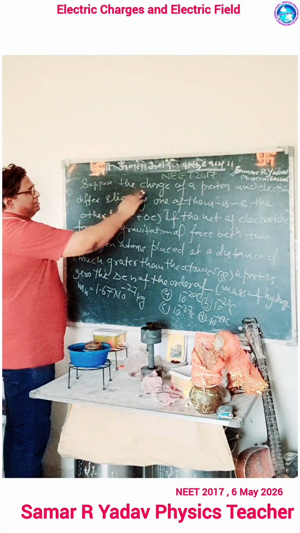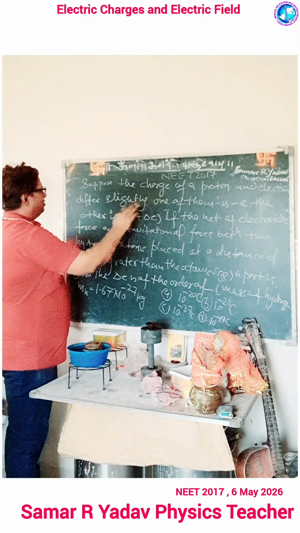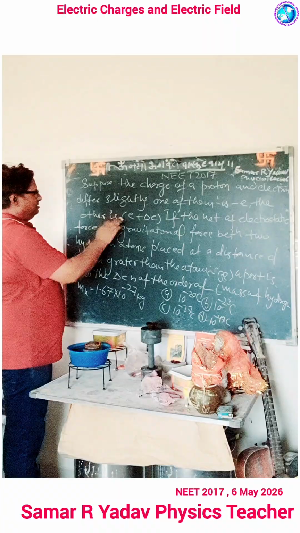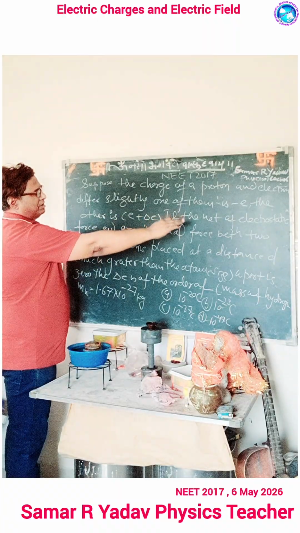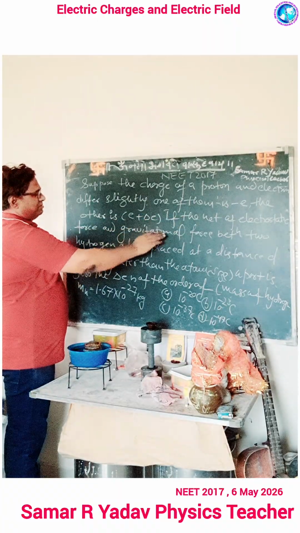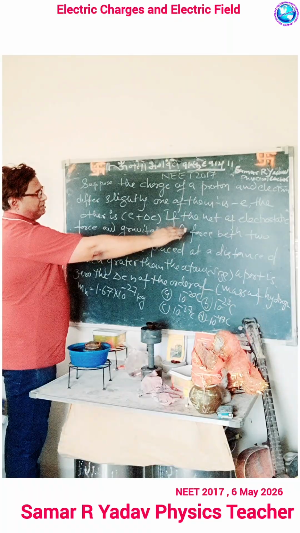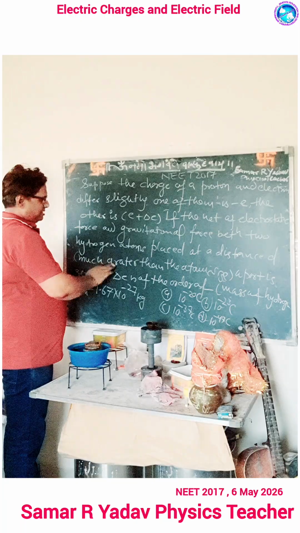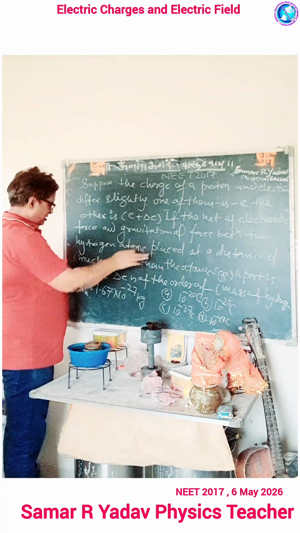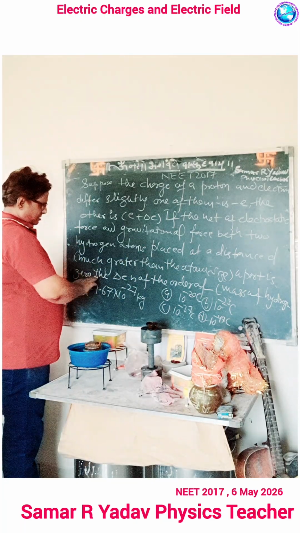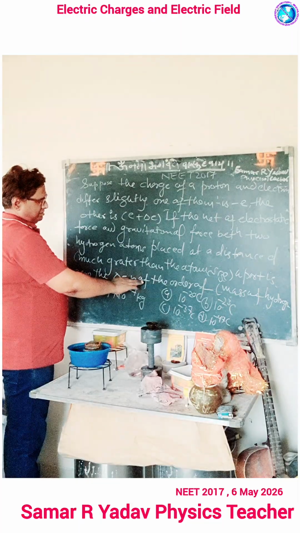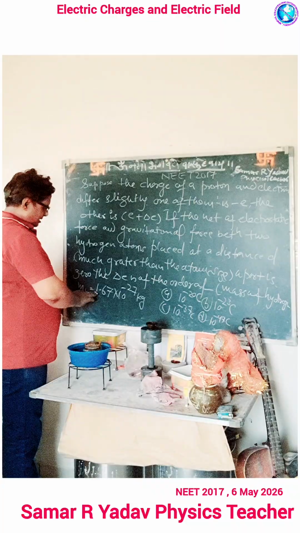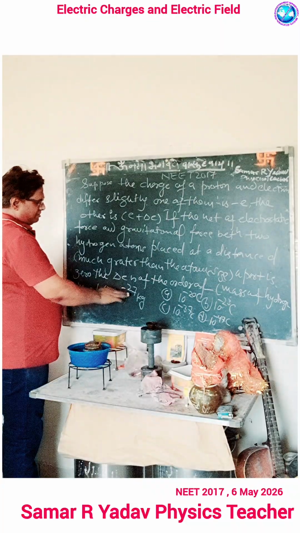Again, suppose the charge of a proton and electron differs slightly. One of them is minus E and the other is E plus delta E. If the net of electrostatic force and gravitational force between two hydrogen atoms placed at a distance small d much greater than the size of atom apart is 0, the delta E is of the order of dash, mass of the hydrogen is equal to 1.67 into 10 power minus 27 kg.